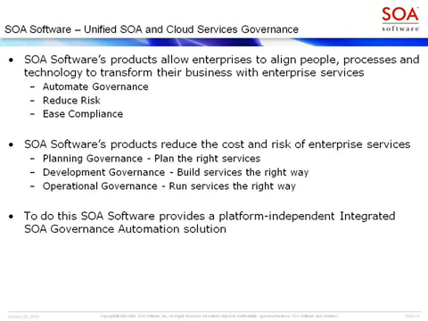Essentially, the products that we provide overall reduce the cost and risk of enterprise services. We provide planning governance, which essentially governs the ability to plan the services in the first place. We provide development governance, which allows organizations to build services the right way. And then we also provide operational governance, which helps organizations to run services the right way.